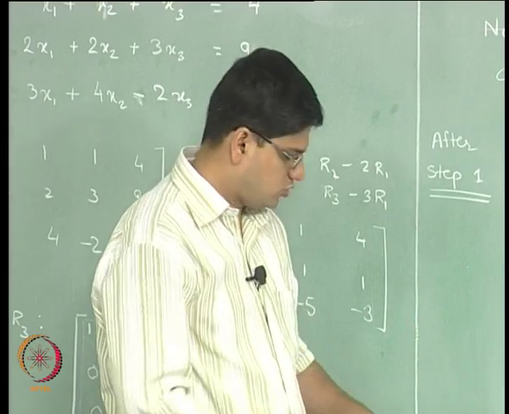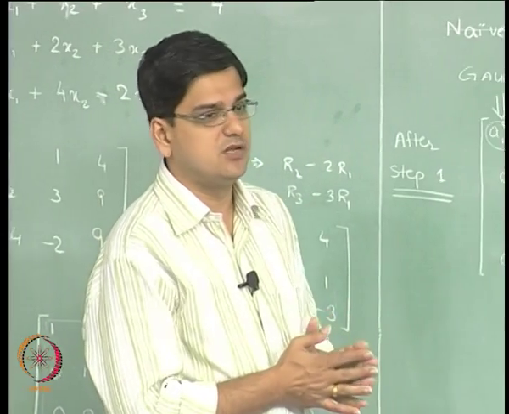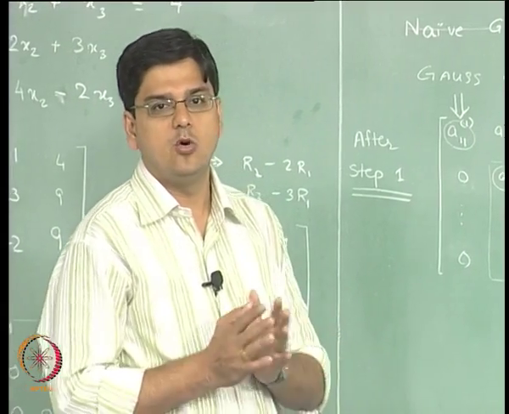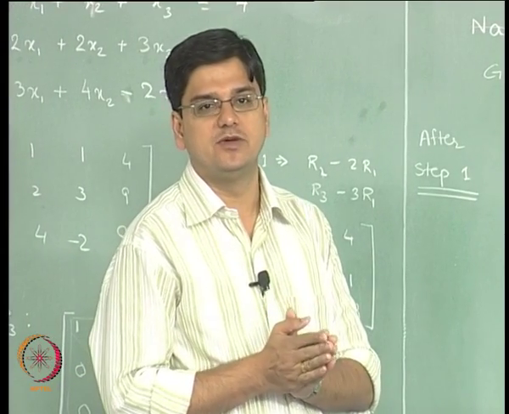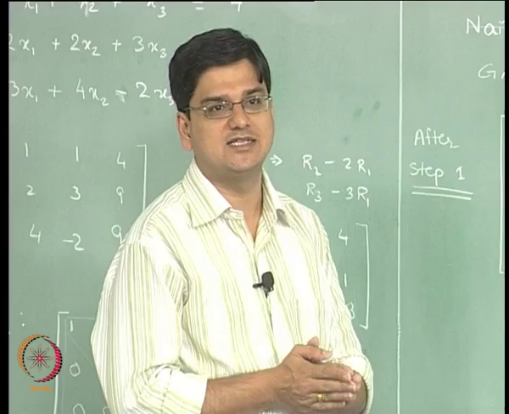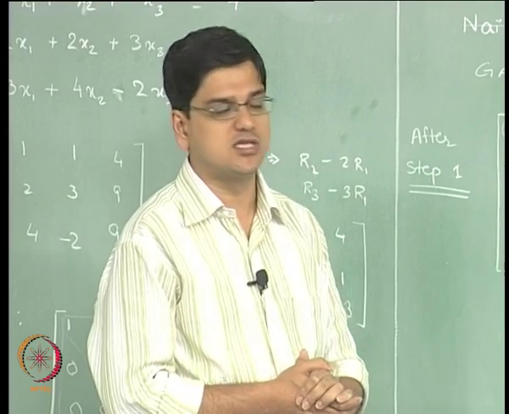Okay. So this is what we have to do about the Gauss elimination with pivoting. What I will do is go to Microsoft Excel and take a few minutes to solve an example using Excel for doing Gauss elimination.